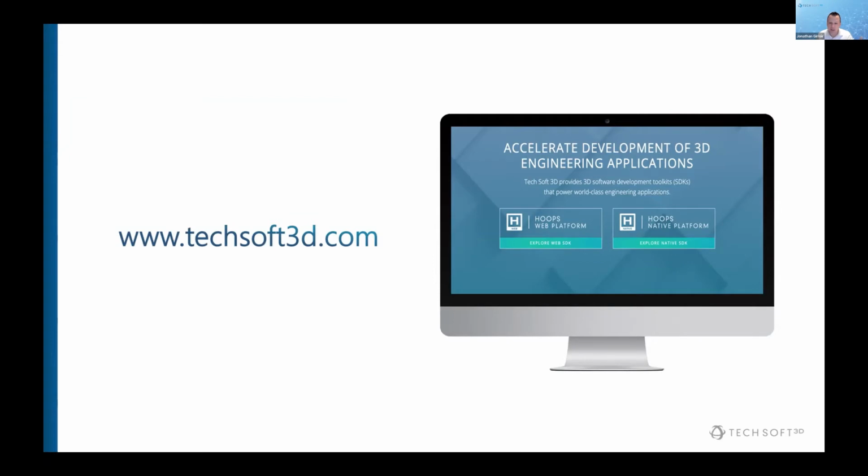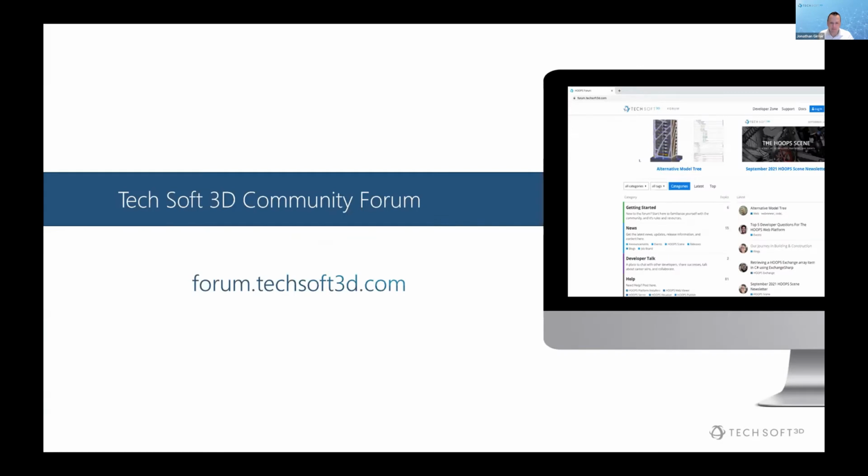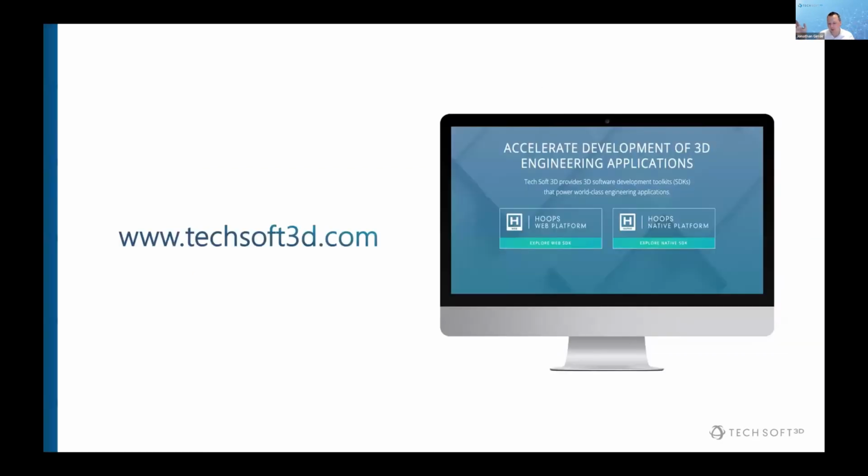So if you're not currently a partner of TechSoft, licensing our software, you can go to techsoft3d.com, choose your adventure, and then be able to go either to the Hoops web platform or go to the Hoops native platform for desktop and mobile development, and be able to use our different SDKs there for 60 to 90 days, I believe.